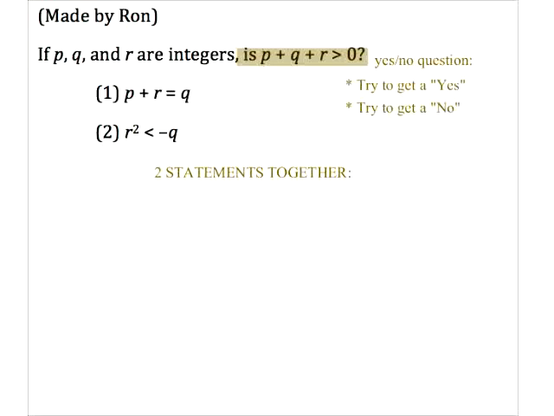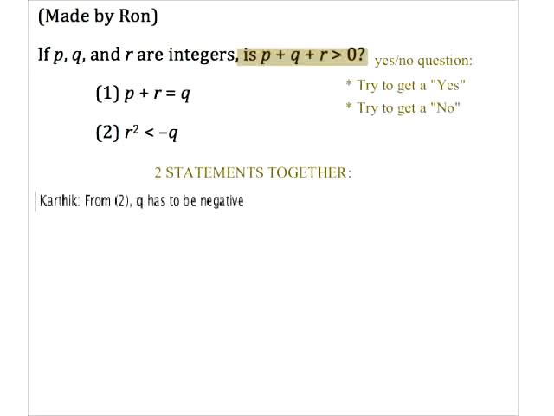So from statement 2, Q has to be negative. Let's go there first. Statement 2 is kind of a weird statement.